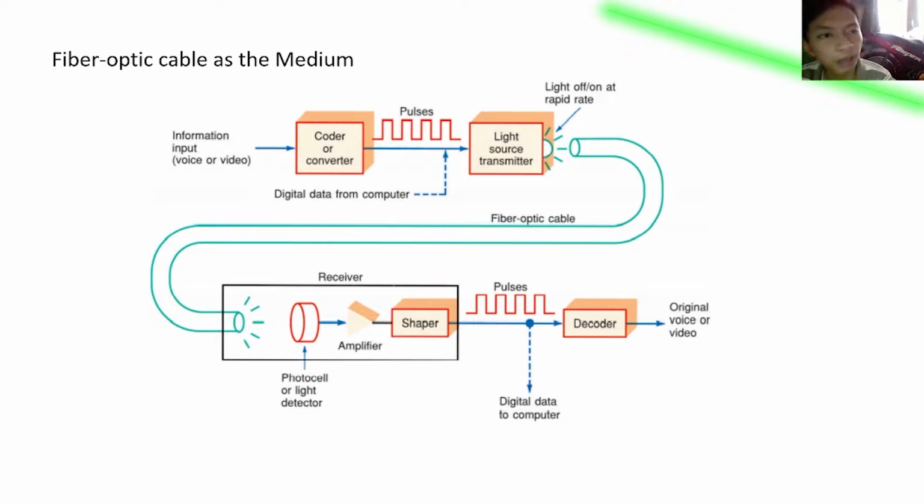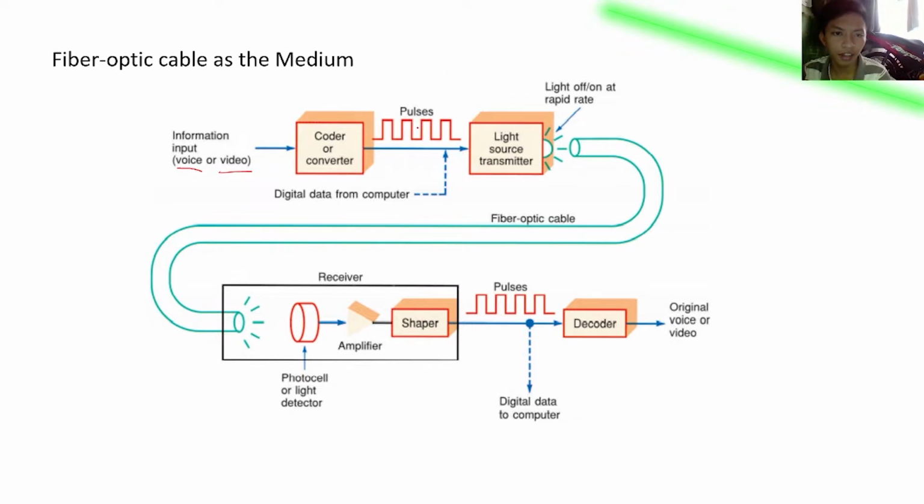Okay, so fiber optic cable as the medium. If you are presented here with an analog signal, for which the example here is voice or video, it is converted and transferred into binary, or what we call here pulses.